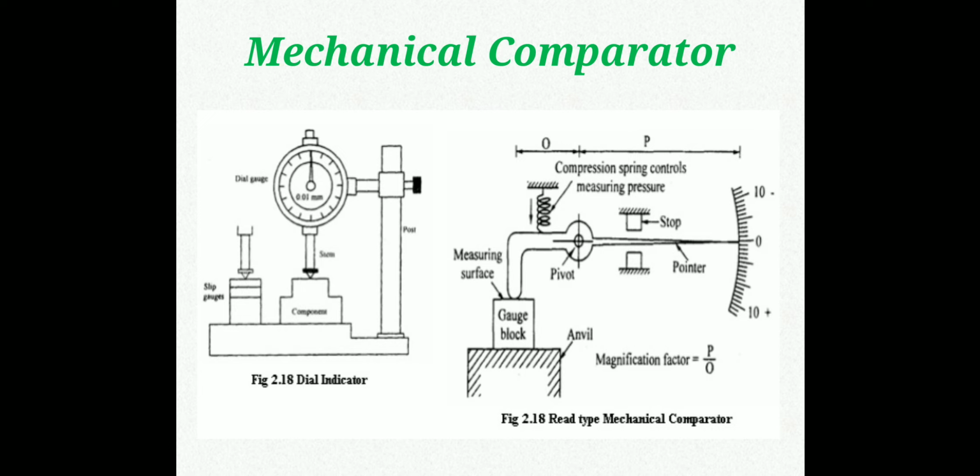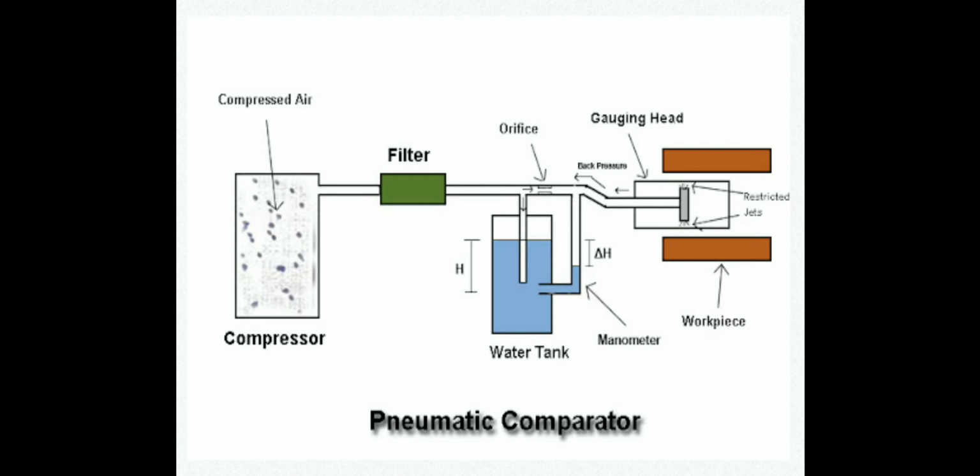This is the dial indicator mechanical comparator. Similarly, there are other types of mechanical comparators. Next, we move on to the pneumatic comparator.